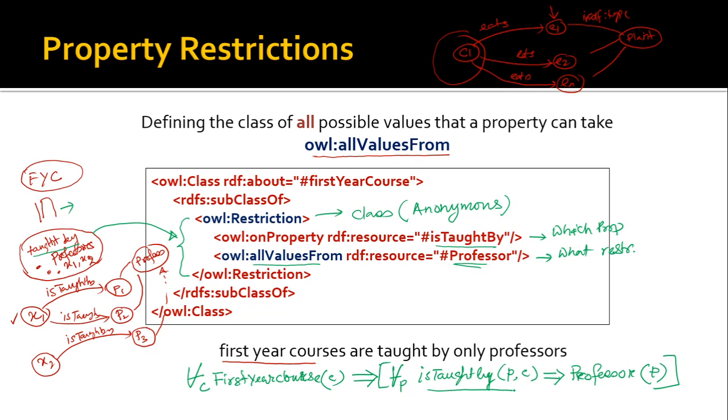So with this part, we are basically modeling this restriction, and this is basically representing this first year course class. Now you can see how we can draw equivalence between this specification and this specification.